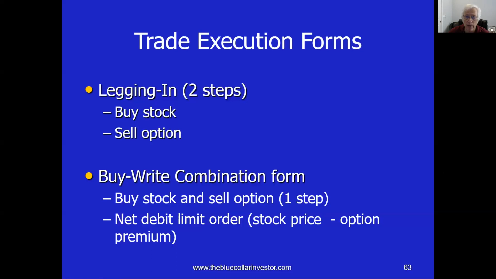We have to pay money to enter the trade, hence the word debit. And the debit is the stock price minus the option premium. So once we decide on the stock and we decide on which option meets our goal using the moneyness and using the initial time value return, then we combine those 2 and make the instructions to the broker.